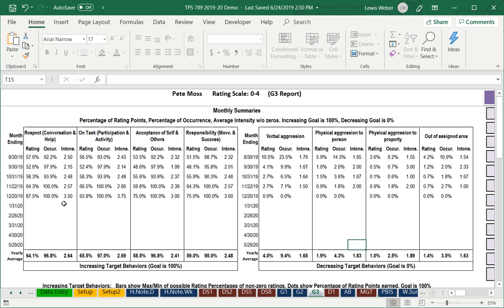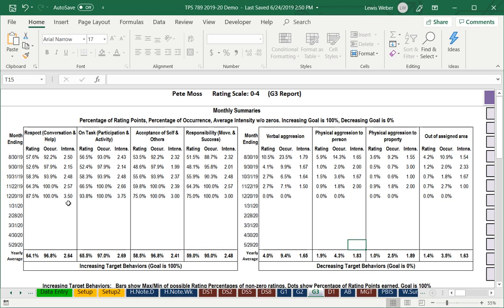Third column is intensity. And in prior years, this was expressed as a percentage, but it's more useful to express it as the average of the non-zero ratings. So this tells us how intense the behavior was when it occurred.